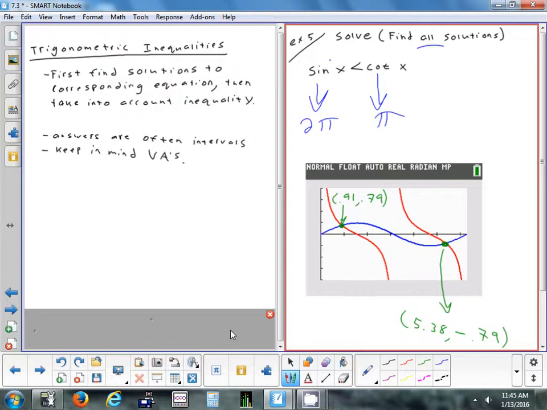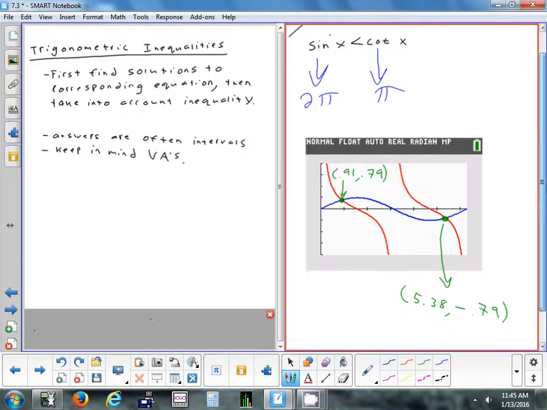I believe that it's in the two sections, which is from 0 to 0.91, and not including 0.91. Yep, let's start with that. Okay, so I like that idea.